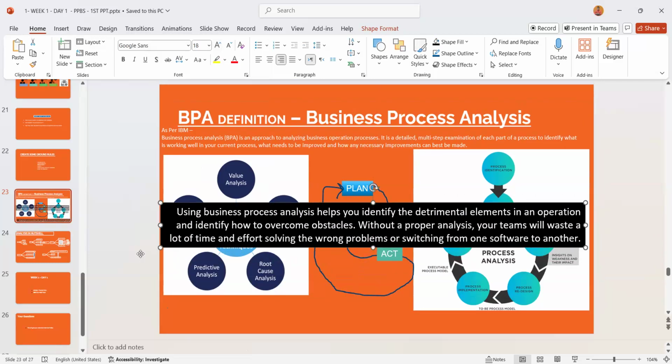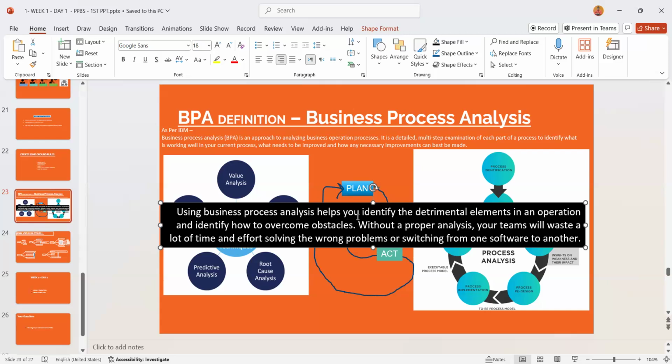It says that using business process analysis helps you identify the detrimental elements in an operation and identify how to overcome obstacles. Overcome what, everyone? What did you read? Obstacles.